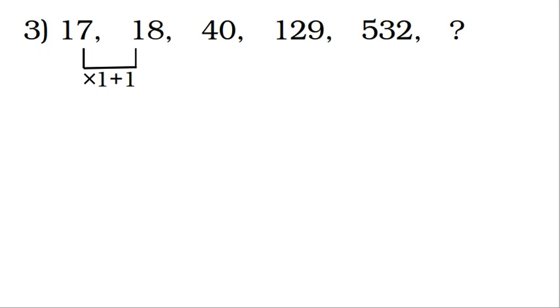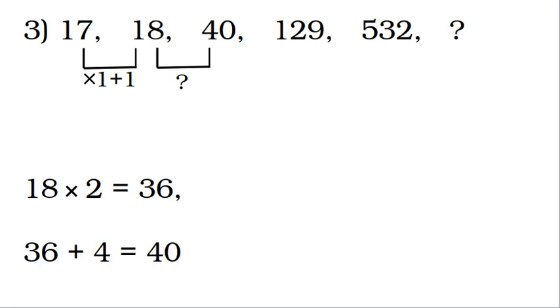Now, how can we relate 18 and 40 in the same way? 18 into something should give you a number close to 40. 18 times 2 is 36. 36 plus 4 is 40.